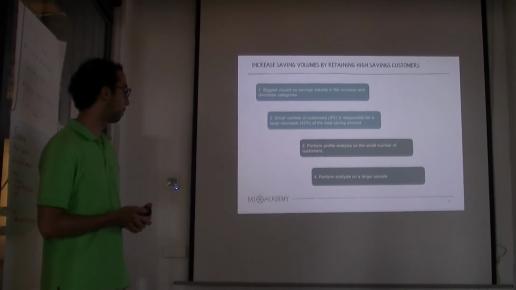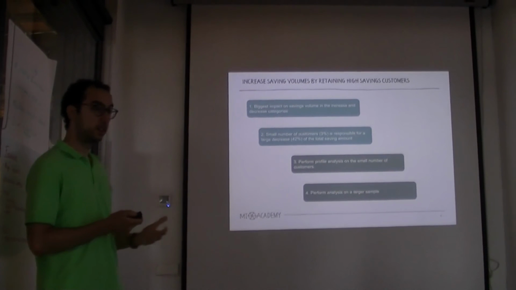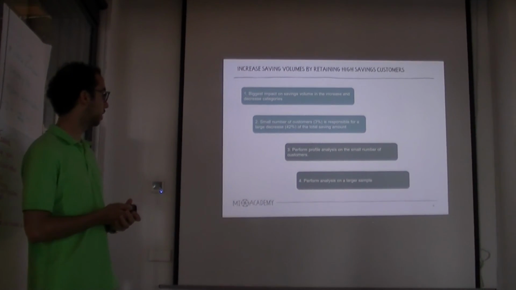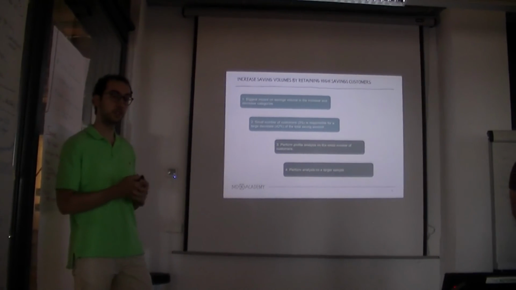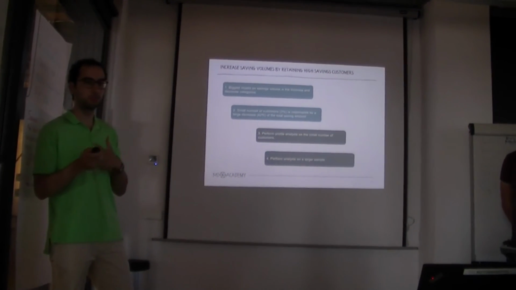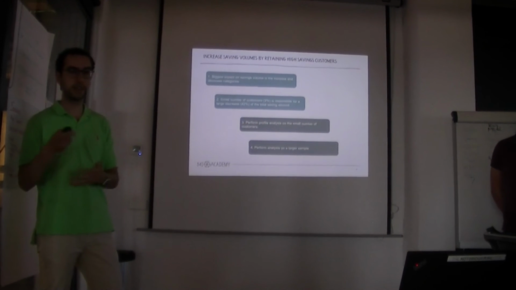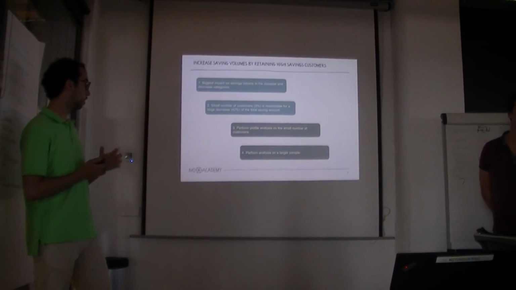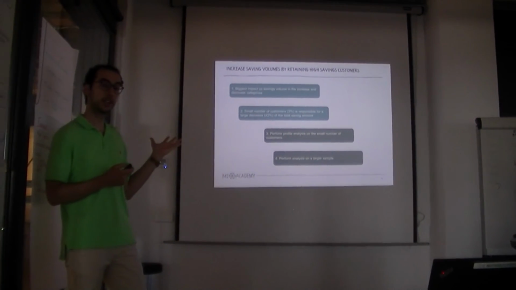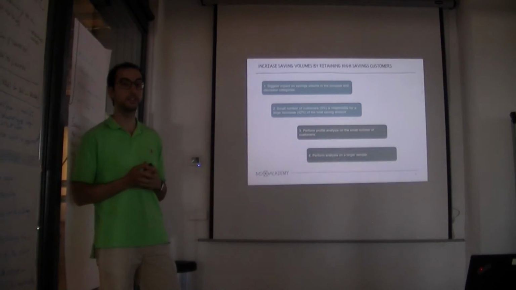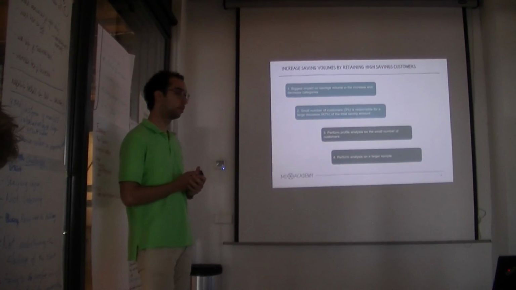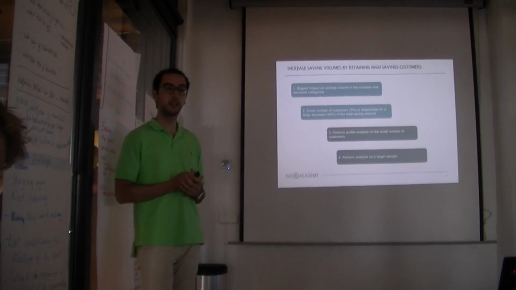Further analysis should be done on this small group: check what products they have, what their age is, and maybe other characteristics. And fourth, this analysis has been done on only 1% of the data that we have. So if we increase this sample, maybe we also get other insights.